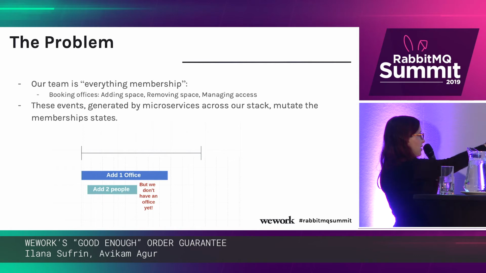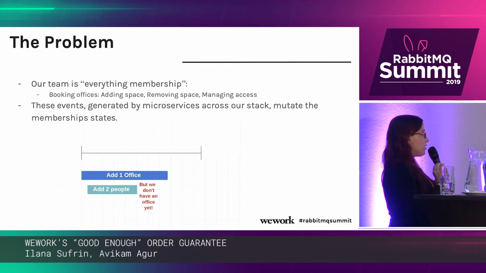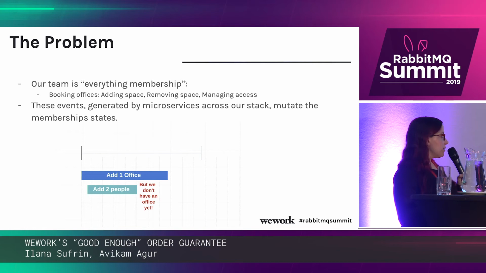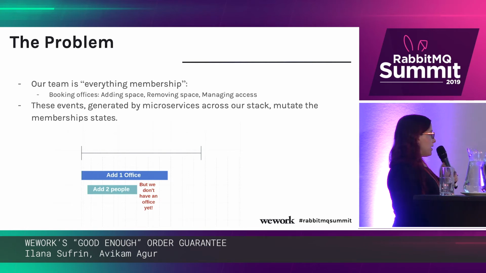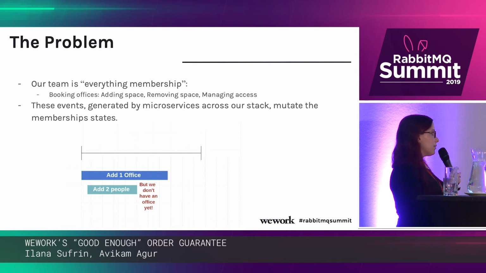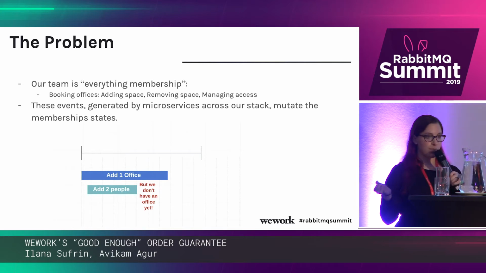But you can see on the bottom, what if we get an event to add one office to a company, and then right afterwards we get another event telling us to add 2 people to that office. And adding 2 people is a very quick operation, so that might complete before adding the office ever actually finished if they were picked up by 2 asynchronous workers.